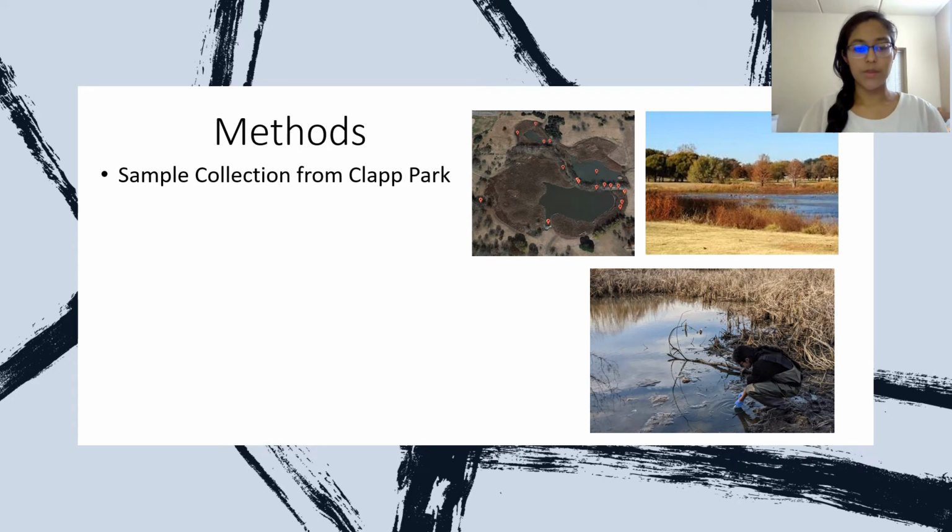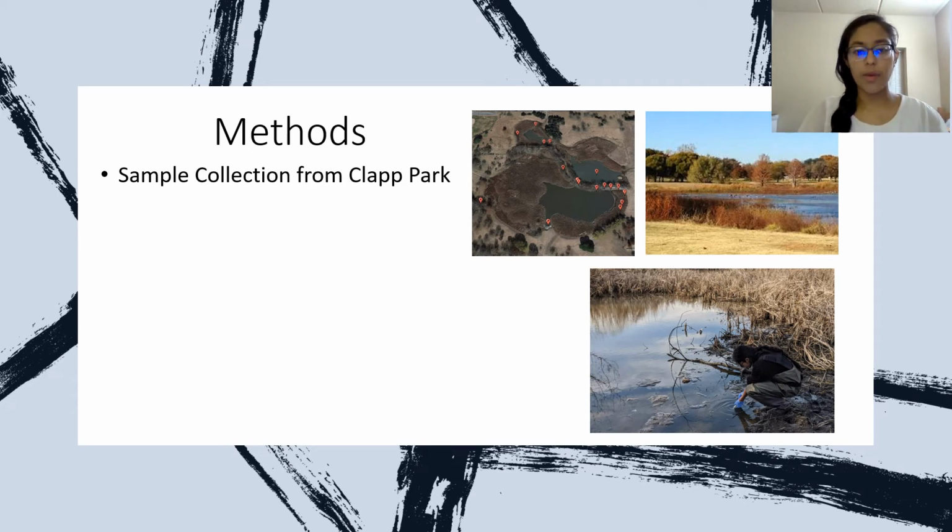The first thing we did was we went out into the field to collect samples from Clout Park, which was a location in which ranavirus and chytrid fungus had been previously detected. We had to really consider testing locations because in order to determine heterogeneity or homogeneity of the pathogens, we had to test in locations around the lake.